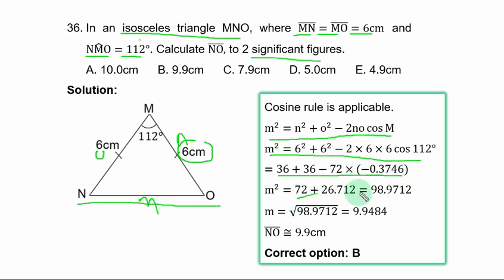Simplify further, you have this. To get m, which is NO, take the square root of 98.9712, that is 9.9484, to 2 SF. You have 9.9 cm. The correct option is B.